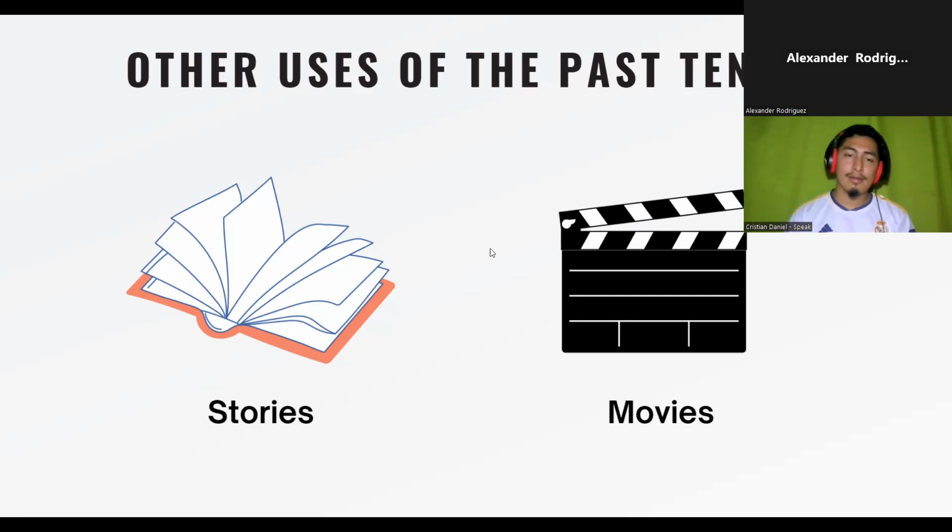Yes, I like them a lot. What's your favorite movie? Action movies. Action movies, really? Yeah. Okay, that's something nice. Well, as you can see, anytime we are talking about stories and movies, we have to use the past tenses, again, simple past and past continuous.